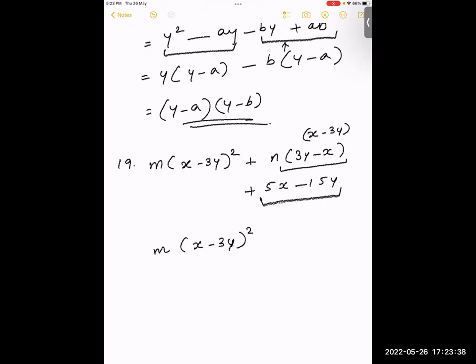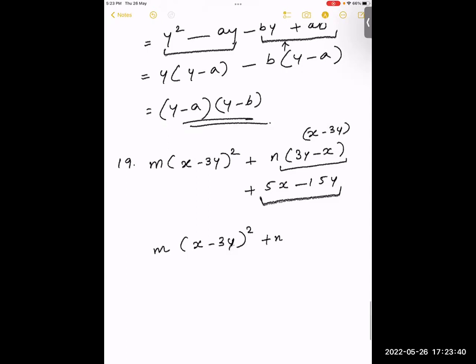If I just write plus n into negative 1, negative out means just negative 1 out, do I get x minus 3y? Check it. Minus into x. What is minus into x? Minus into x is negative x, right? Now, what is negative into negative 3y?